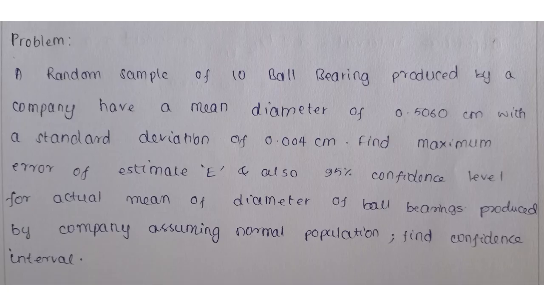Here the problem given is: a random sample of 10 ball bearings produced by a company have a mean diameter of 0.5060 centimeters with a standard deviation of 0.004 centimeter. Find the maximum error of estimate E at 95% confidence level.